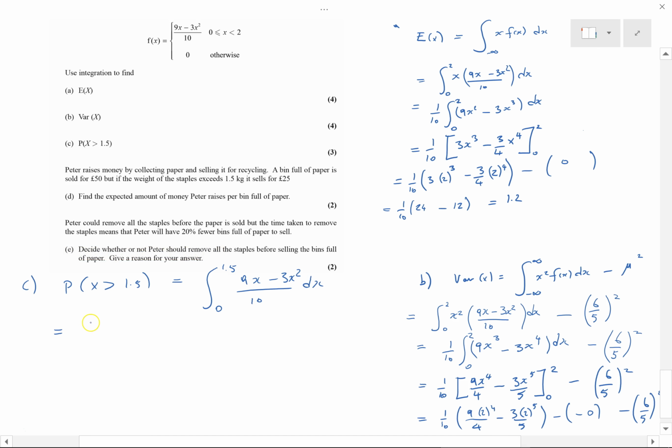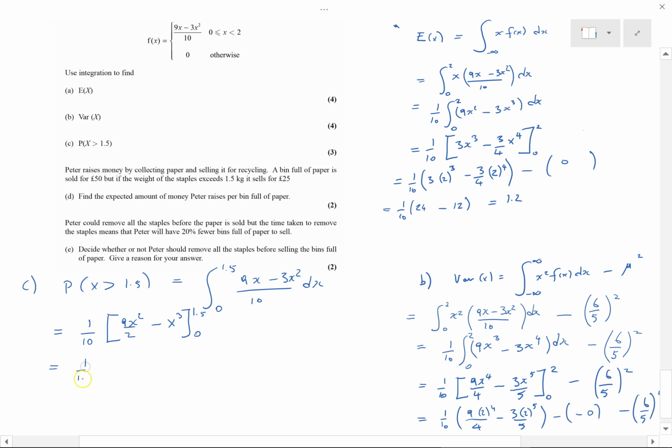So that's 1/10 of, and 9x integrated is equal to 9x squared over 2, and 3x squared integrated is equal to x cubed, from 1.5 to 0.